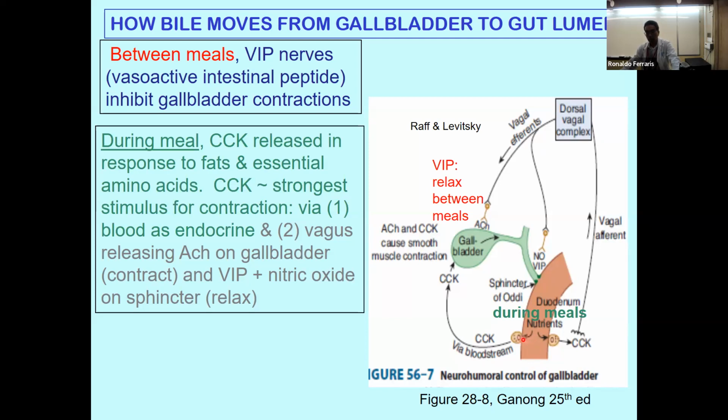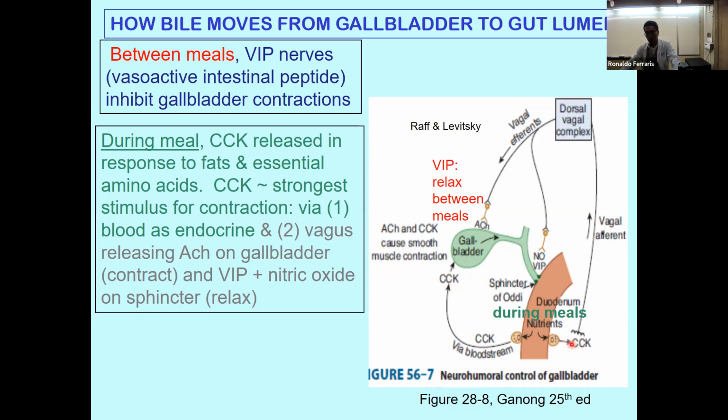CCK is then released from the I cells into the blood side. Some CCK would travel via the blood as an endocrine signal, bind to CCK1 receptors in the wall of the gallbladder, and initiate smooth muscle contraction by itself as an endocrine signal.